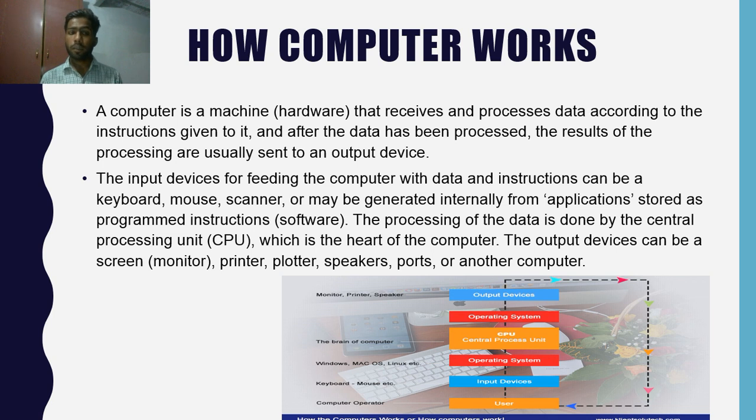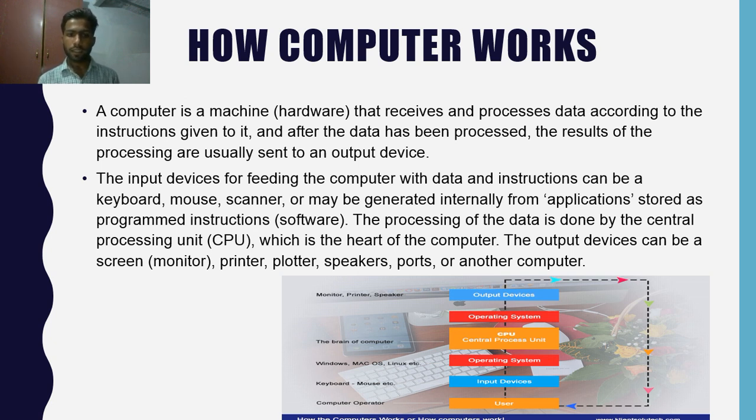And how a computer works: a computer is a machine that receives and processes data according to the instructions given to it, and after the data has been processed, the results of the processing are usually sent to an output device.